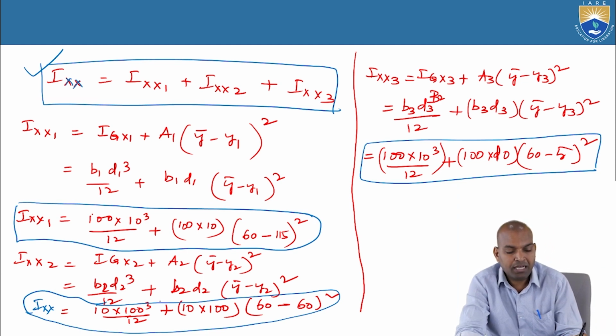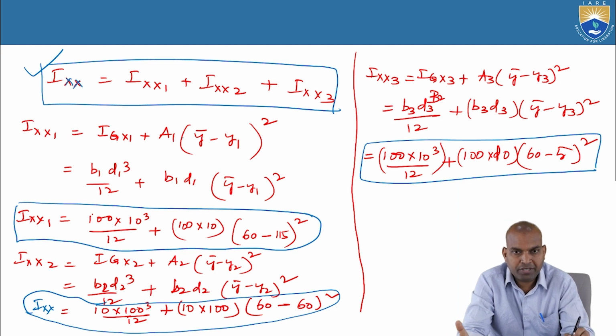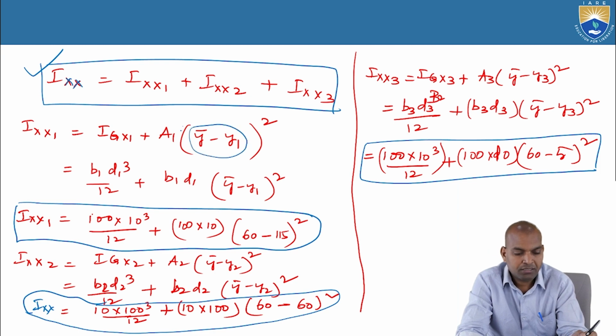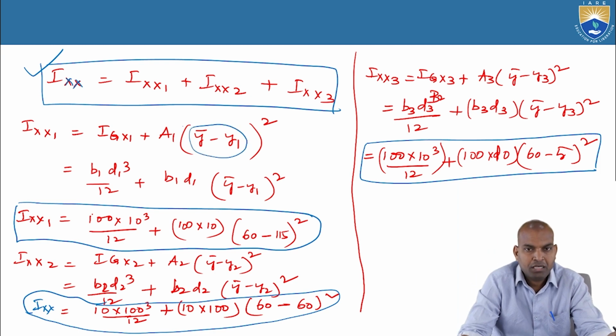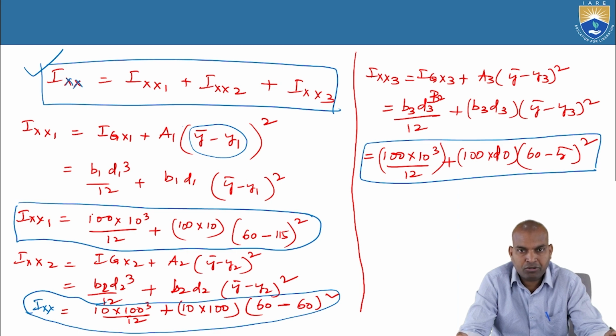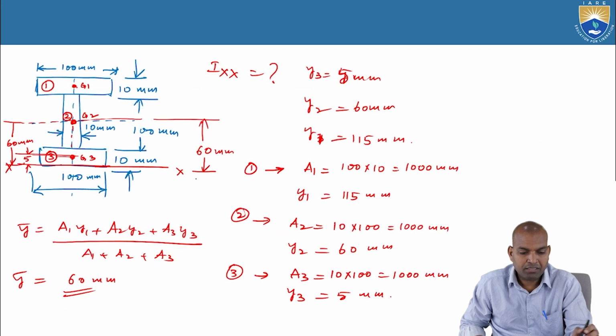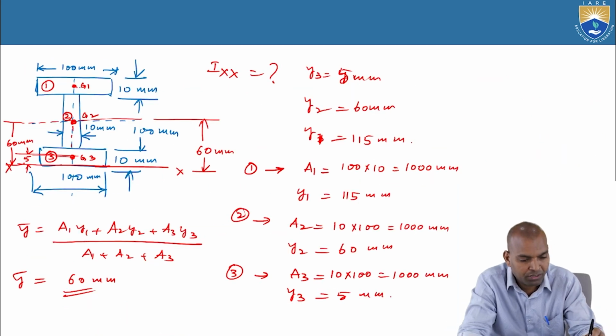If we consider Ixx2, this bar y and y2 both are the same. Why? Because this A times bar y square term is the distance of the centroid. Here this term means the distance between the centroidal point, the center of gravity of the total section, to the individual section. Here bar y minus y1, go back. What is y1?